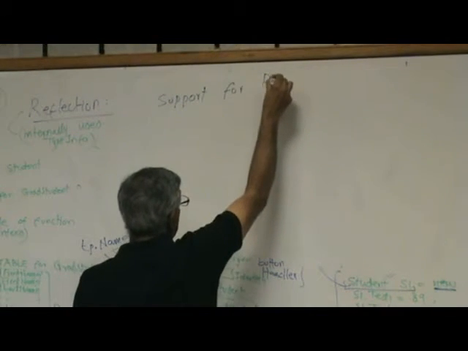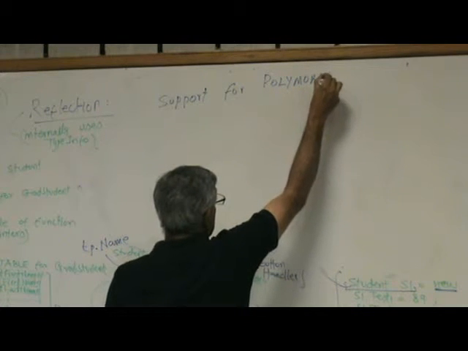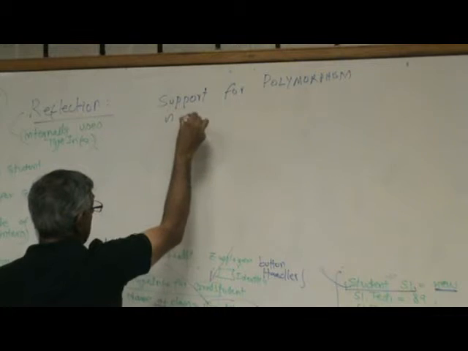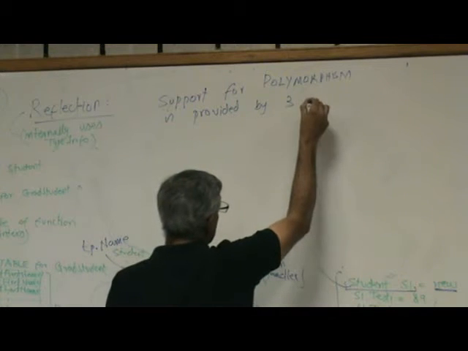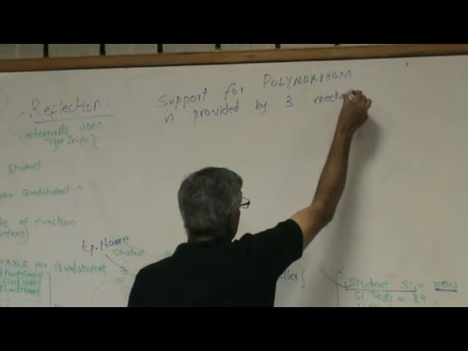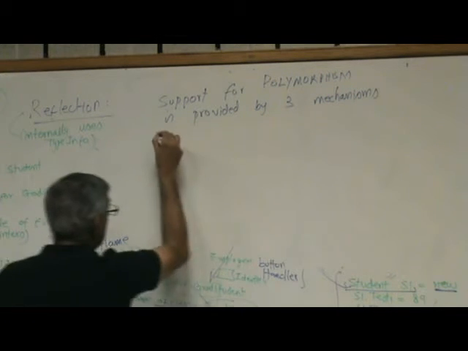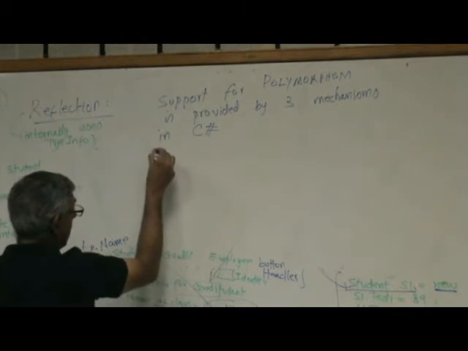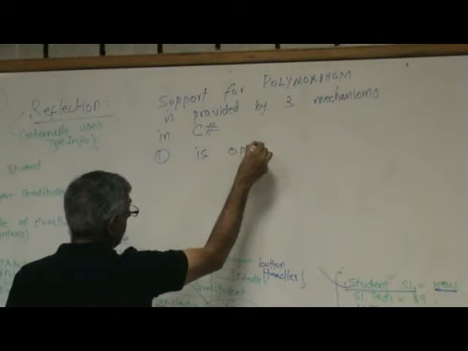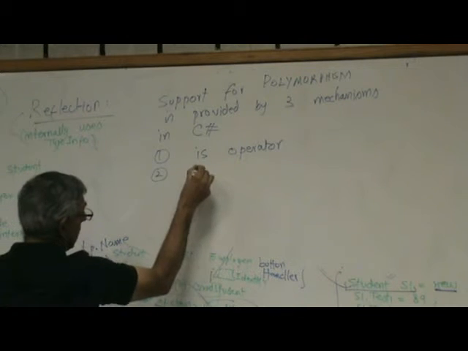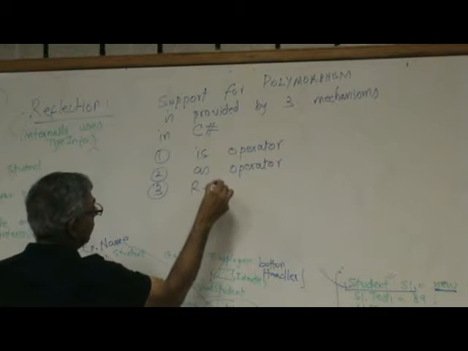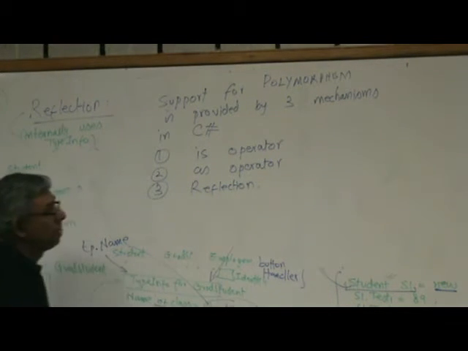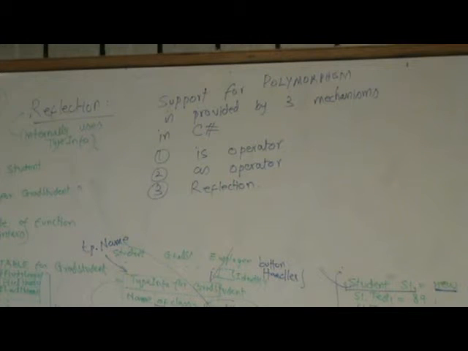Support for polymorphism is provided by 3 mechanisms in C#. One is the is operator, two is the as operator, and third is reflection.